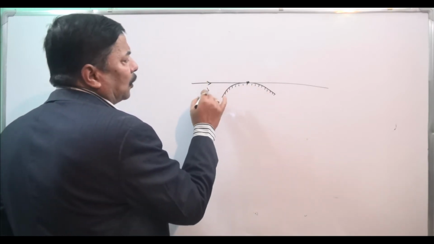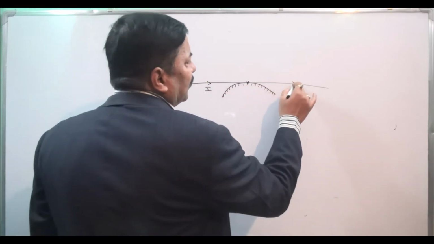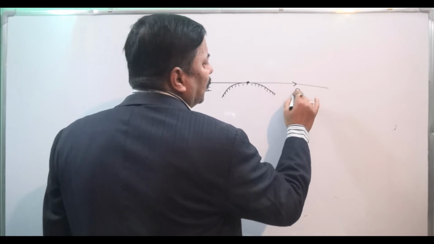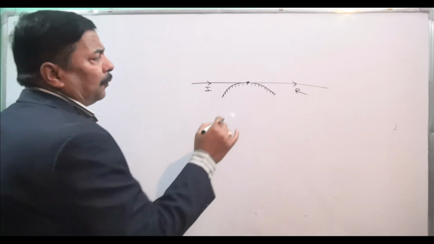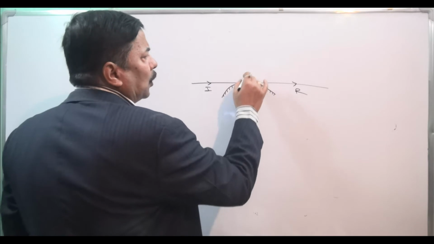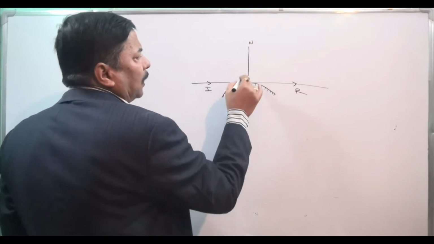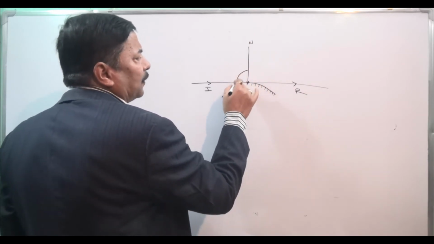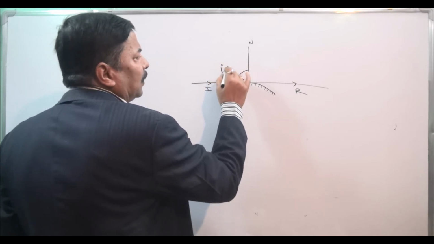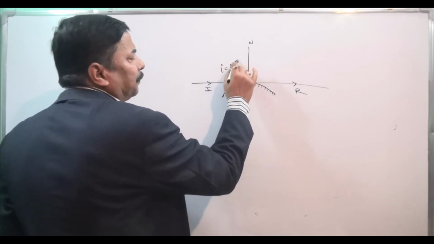Then this is your incident ray and this is your reflected ray. If we drop the normal here, then this is the angle of incidence, I is equal to 90 degrees.